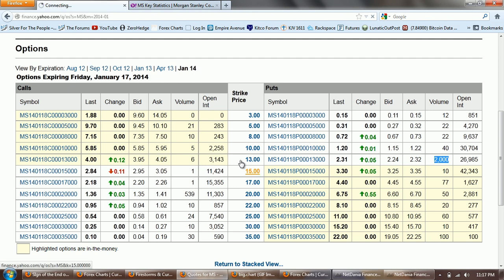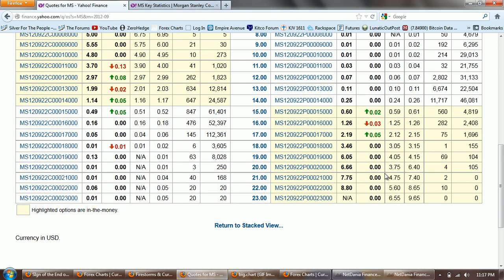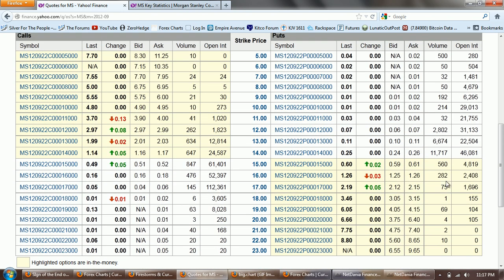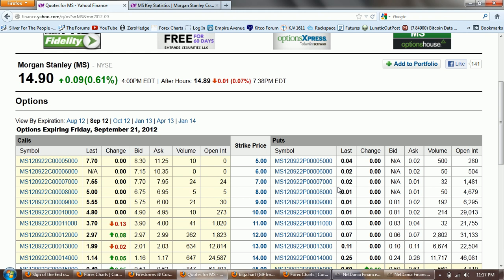So clearly the largest amount of activity is going to be in these puts, strike price of 14 and 13 and 12. Big activity. It appears that Jim Willie apparently is onto something, and we may have a big firestorm coming soon with Morgan Stanley.